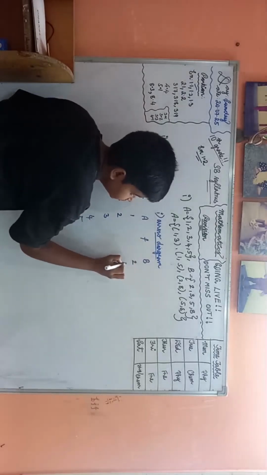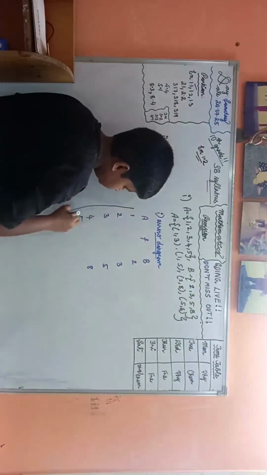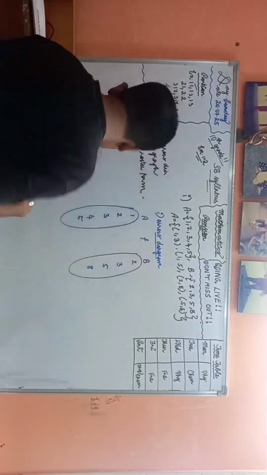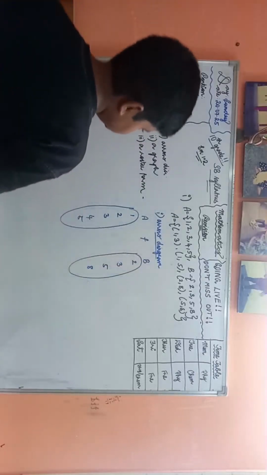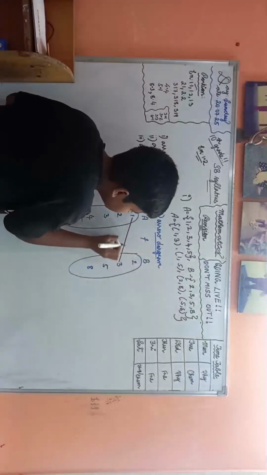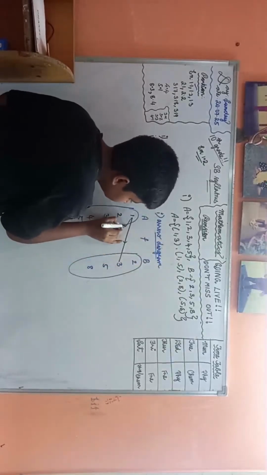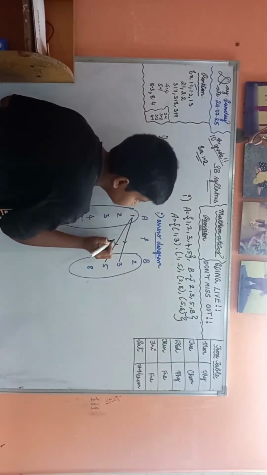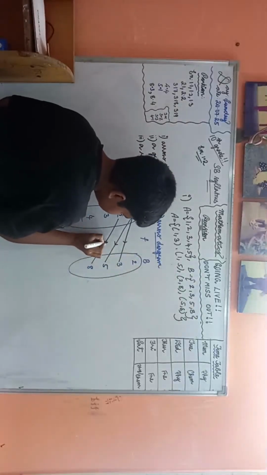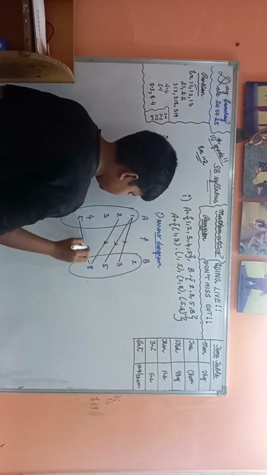And B: 2, 3, 5, 8. So guys, look at what they have given. (1, 3), so 1 goes to 3, and (1, 5), so 1 goes to 5. And then there's (2, 8) and (5, 8).